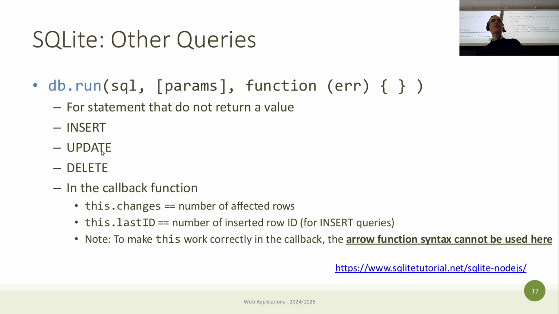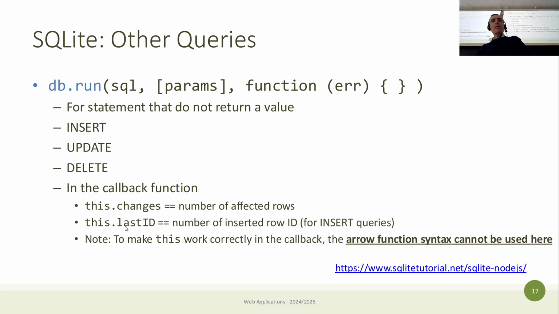For instance, you update something, and depending on a certain condition, you might have 3 rows updated. Or lastID, the number of the inserted row ID, typically for insert queries, where the database generates the new ID when you insert a new row.